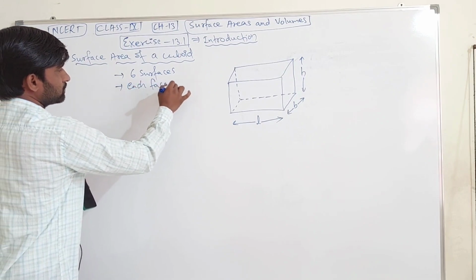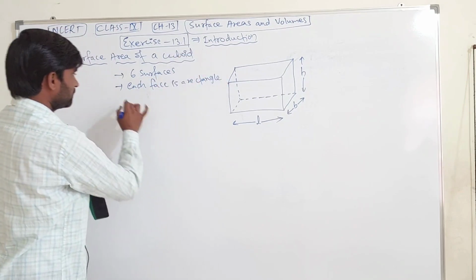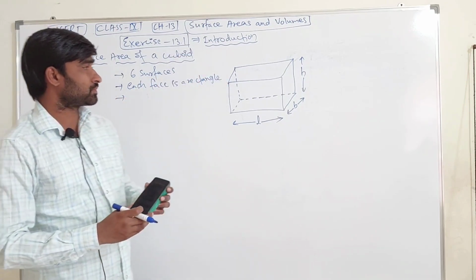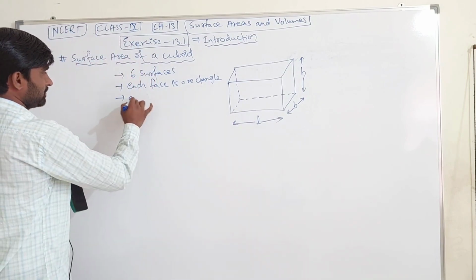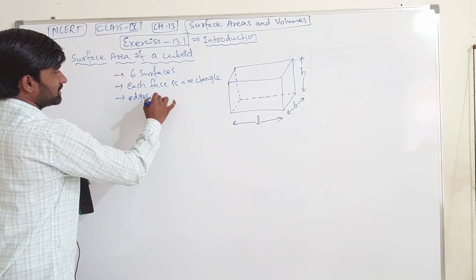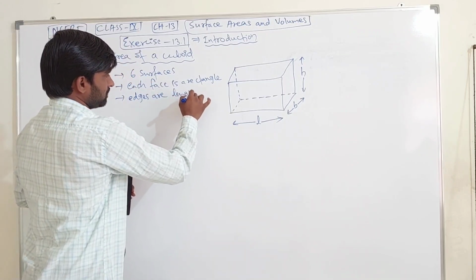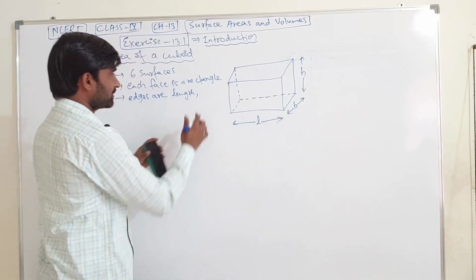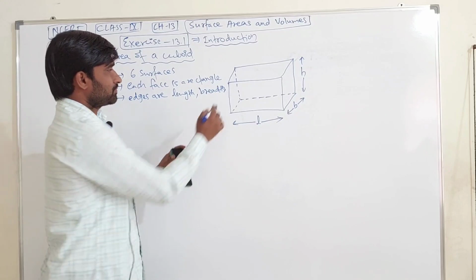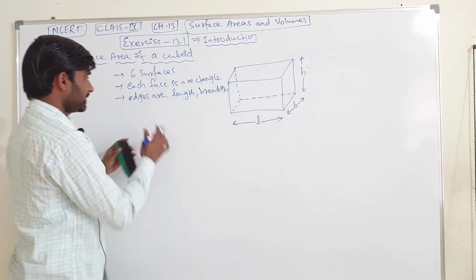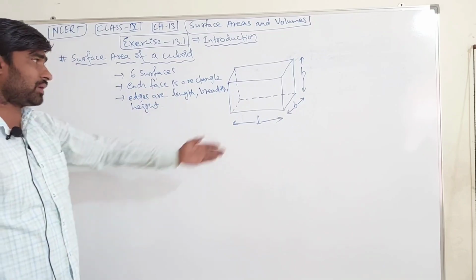Each face is a rectangle, and the edges of a cuboid are one is the length, and another one is the breadth, and the last one is the height. These are the edges of a cuboid.